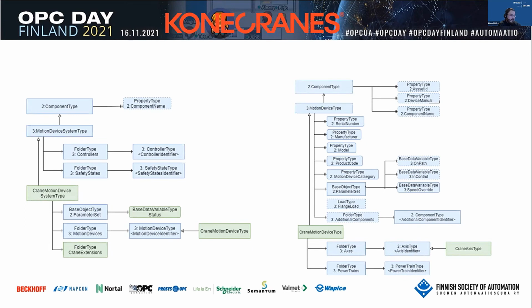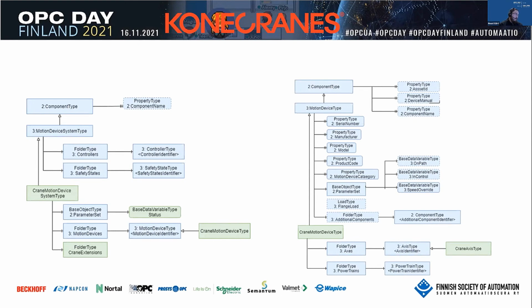So, for example, the state and the operating mode, which Wolfgang mentioned, those are actually ones that we are getting by inheriting from the robotics companion specification. So we have decided that those types serve our purposes, so we are able to use those and represent the state and operating mode of the crane in the same way.